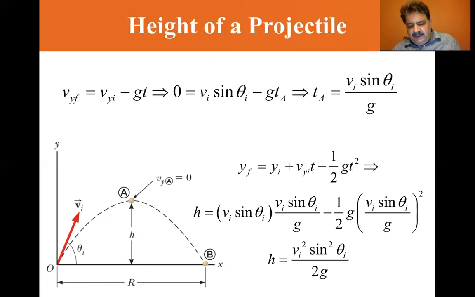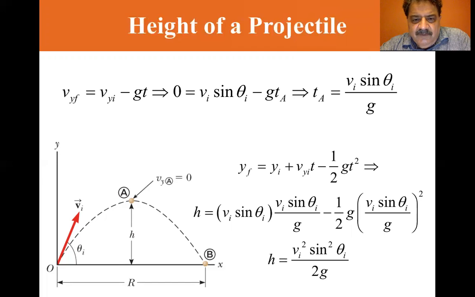Okay, substituting for t sub A, which is the time at the peak, and replacing y final equal y sub A with h, we get the expression for h in terms of the magnitude and direction of the initial velocity vector.